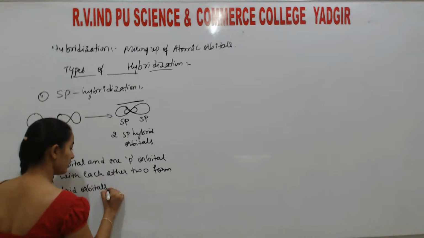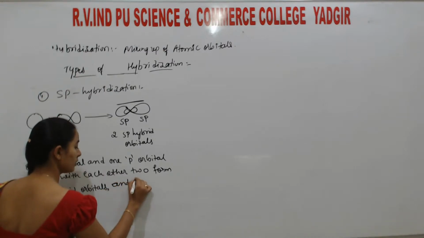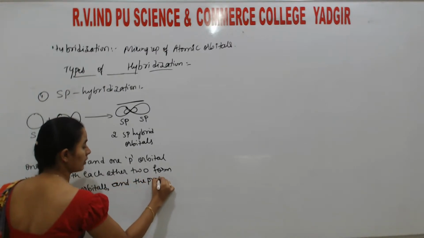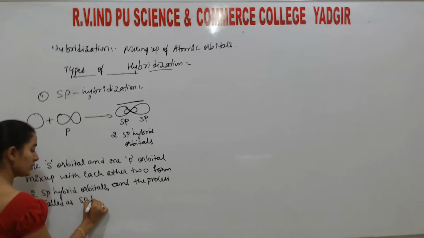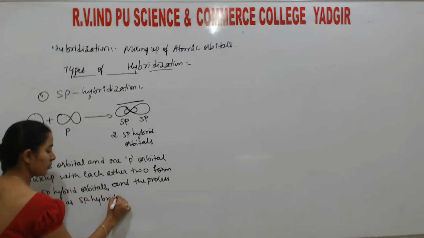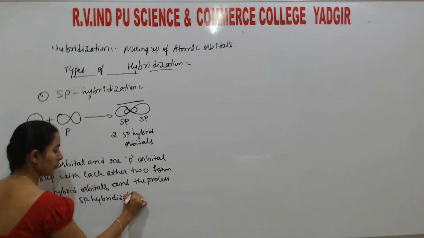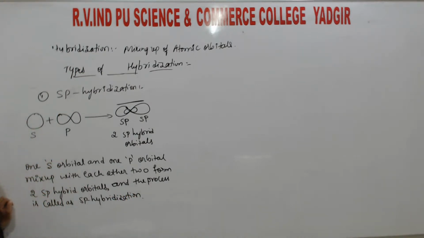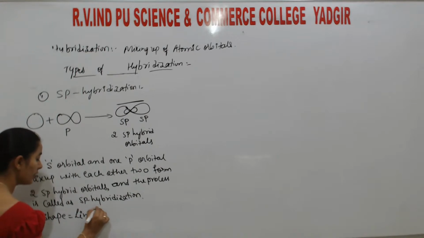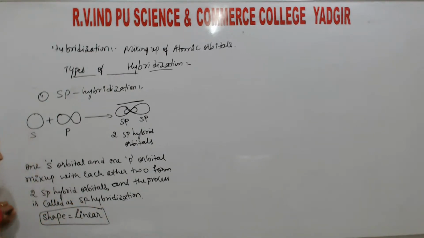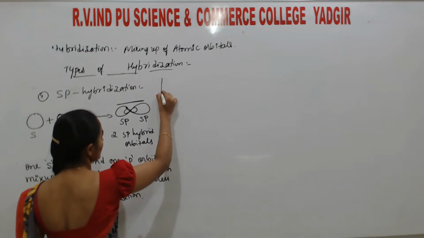Okay, and the process, or the phenomenon, is called sp hybridization. The shape of this molecule is linear. Remember this. The shape of this molecule is linear. So next, another type is there.